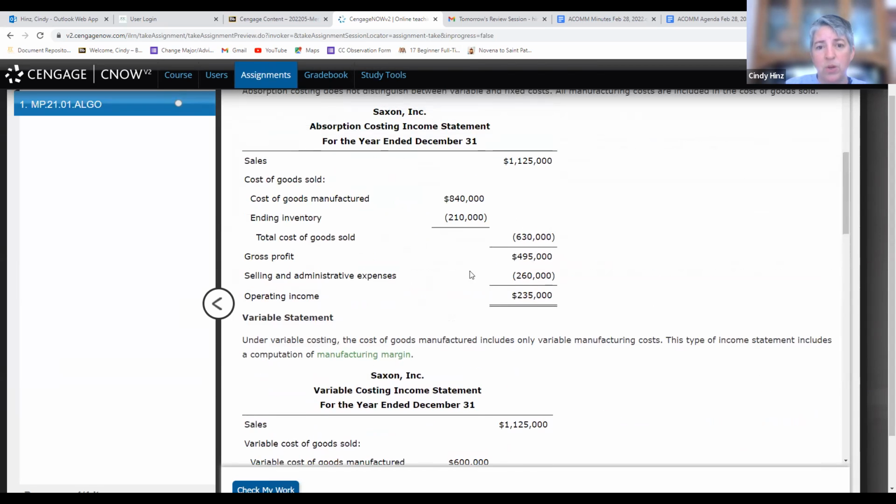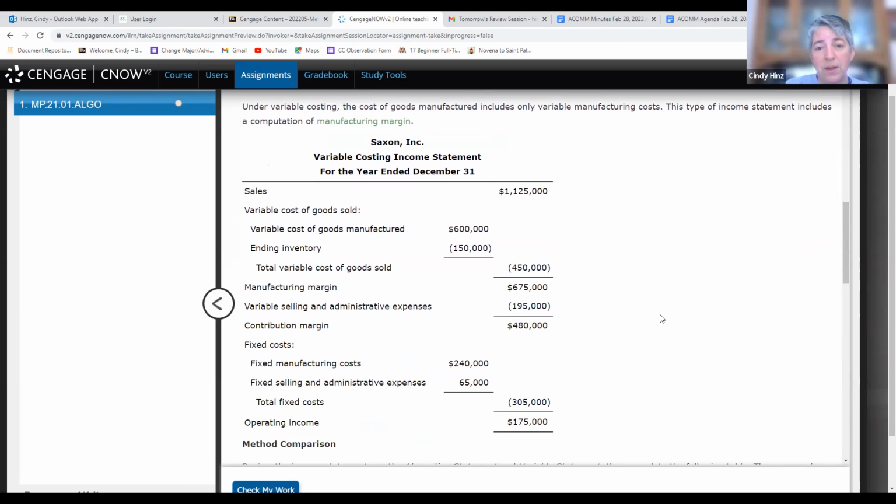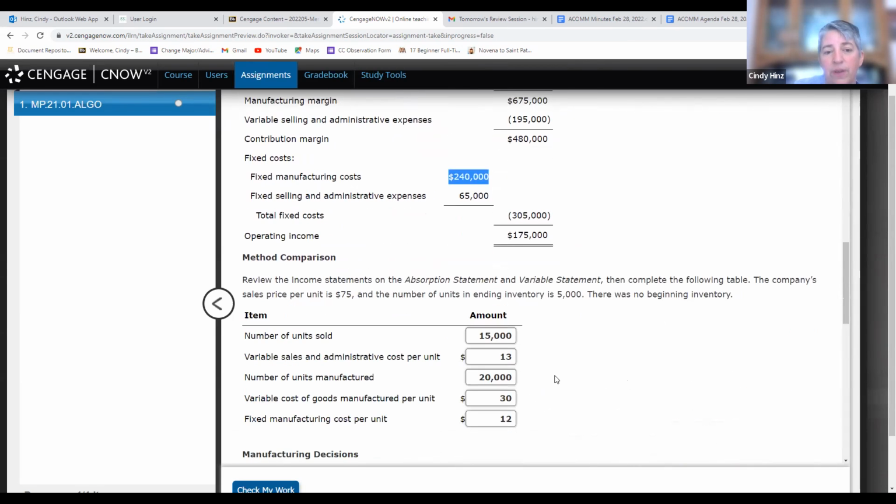Okay, so our cost of goods manufactured, if we produce 30,000 units, will include the fixed manufacturing cost of $240,000, because that's what fixed means. It's going to remain constant, even though our level of production changes. But our variable cost of goods manufactured will still be $30 per unit.